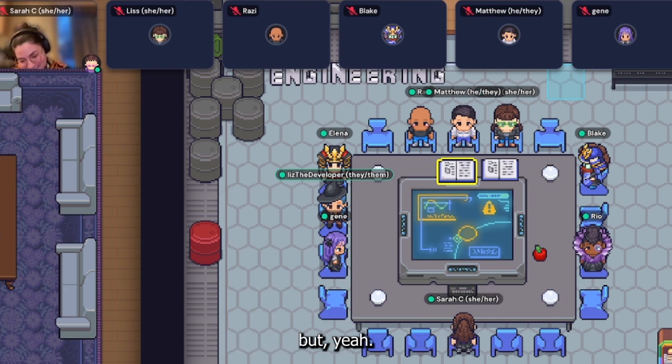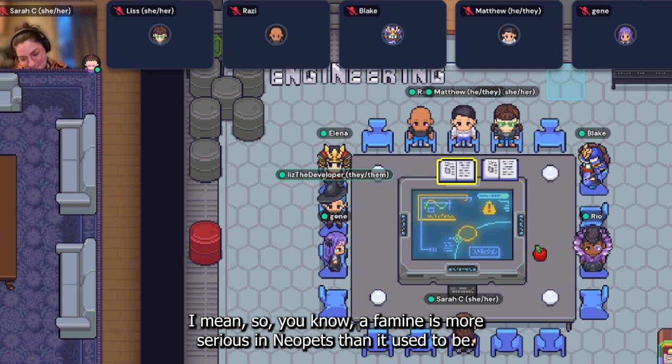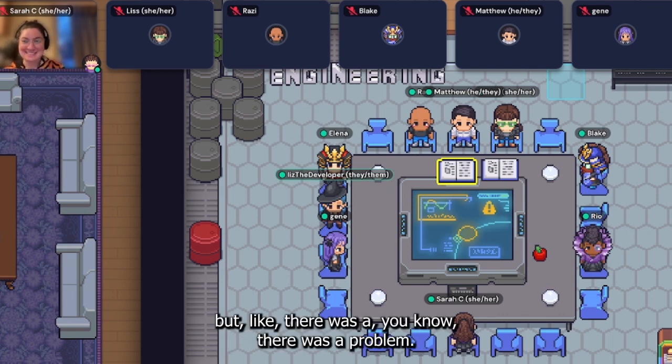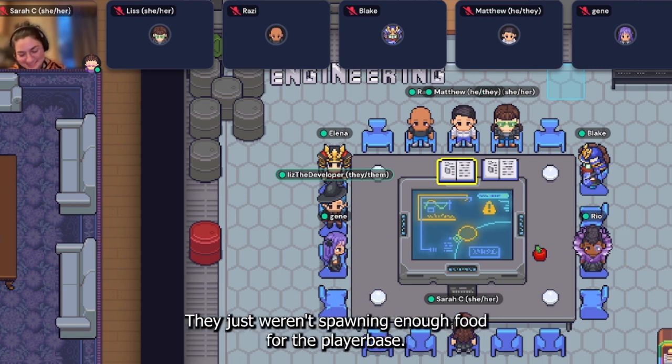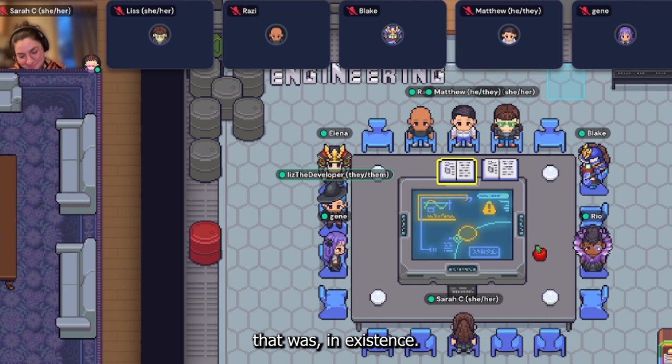But yeah, a famine's more serious in Neopets than it used to be. There was a problem. They just weren't spawning enough food for the player base that was in existence, and that caused price gouging.